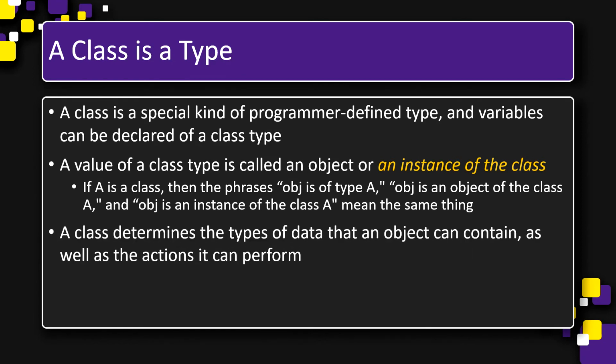A class also determines the type of data that an object can contain, as well as the actions that it can perform, meaning that what we write in our class is how our object is going to be able to interact with the rest of the program, or more likely, how the rest of the program is going to interact with that particular object.